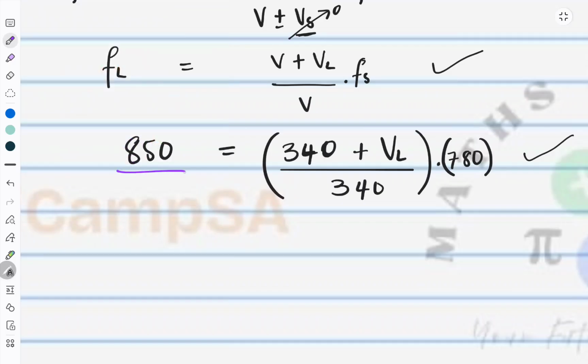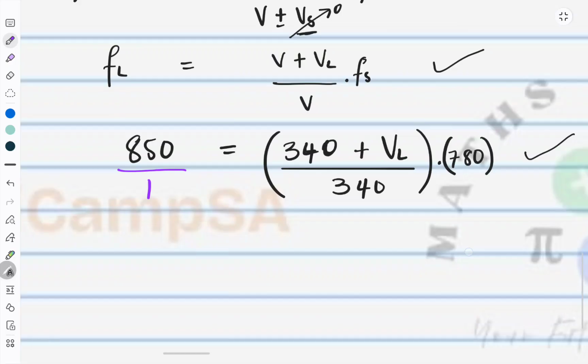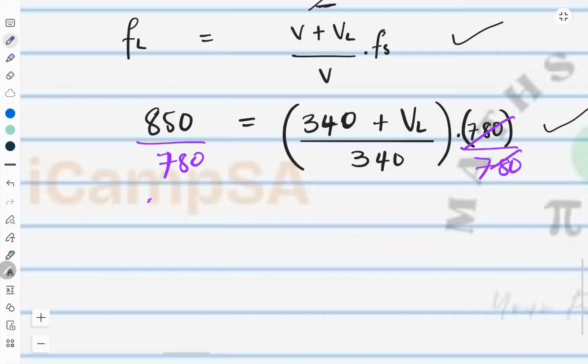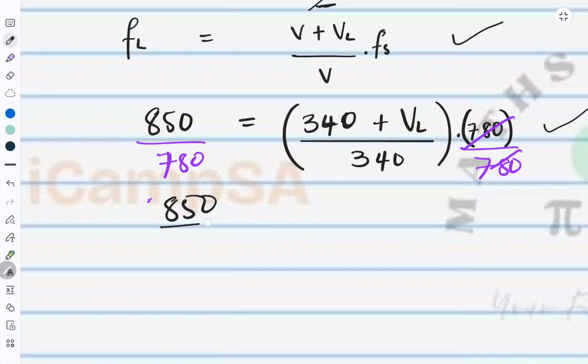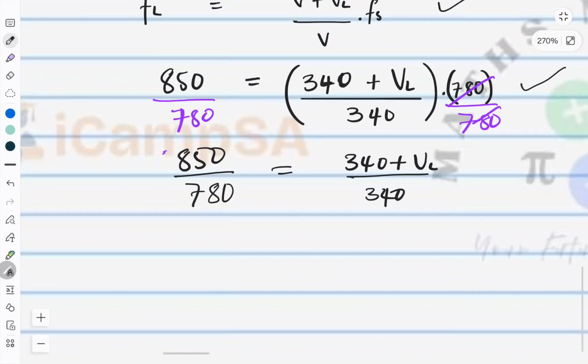Here you know that this is over 1, so you can start by dividing both sides by 780. Then this cancels that. Now you have 850 over 780 is equal to 340 plus VL over 340. From here you can cross multiply.